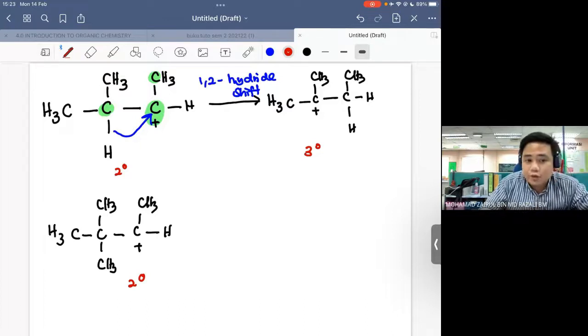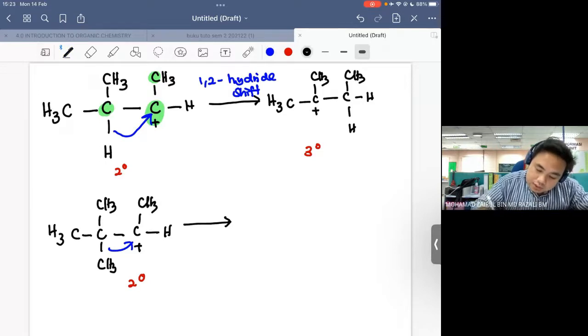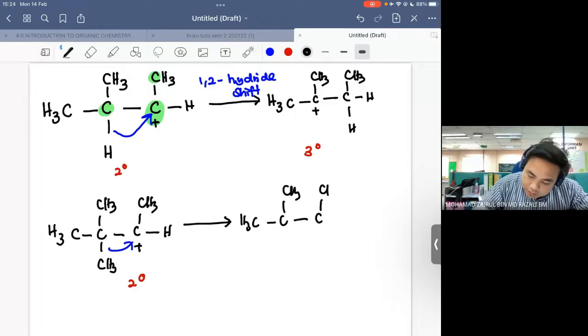Besides hydrogen, I can also move a methyl in order to form a more stable carbocation. So if I move the methyl here, we are going to produce CH3, CH3. So we're going to produce a tertiary carbocation.